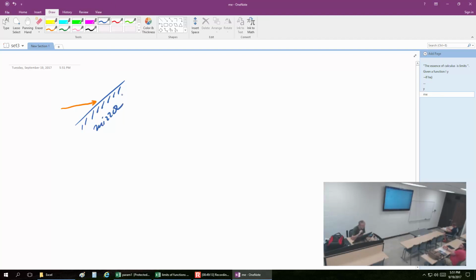How do we reflect? It is determined by this angle. It goes off at the same angle. Okay, so angle of incidence is equal to the angle of reflection, like this. Okay, so that's the same angle.